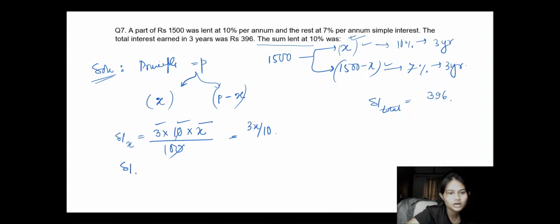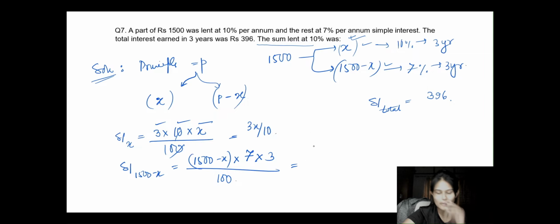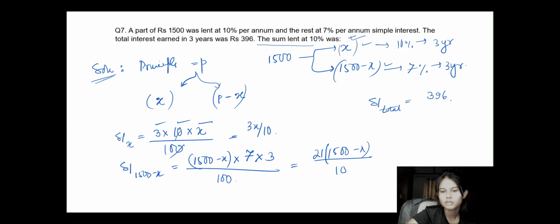And SI for 1500 minus X sum is 1500 minus X into 7% into time, that is 3, divided by 100. Now what we will get for this? 21 into 1500 minus X divided by 100. So we have got the 2 SI.